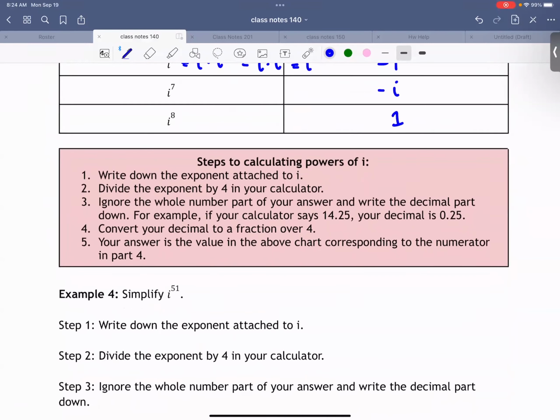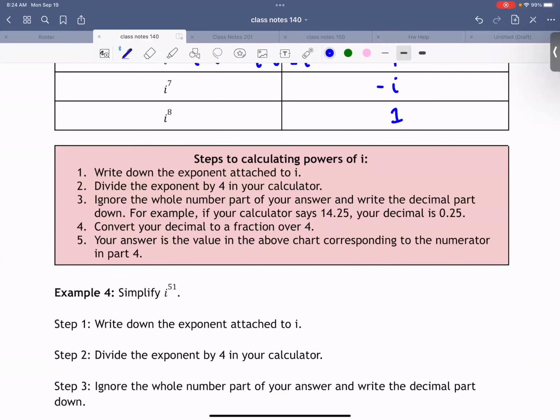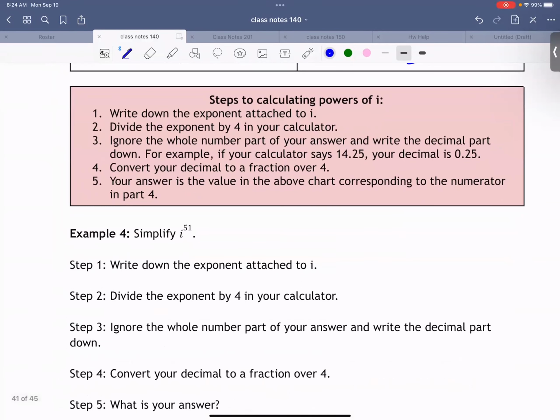Okay, but I have a little set of steps to doing this because I think it's easier. When we calculate powers of I, the first thing you're going to do is just write down the exponent that's attached to the I. So if it's I squared, you can write down 2. Then you're going to divide that exponent by 4 in your calculator, and you're probably going to get a decimal, okay? What you're going to do with that decimal, ignore the whole part of that answer.